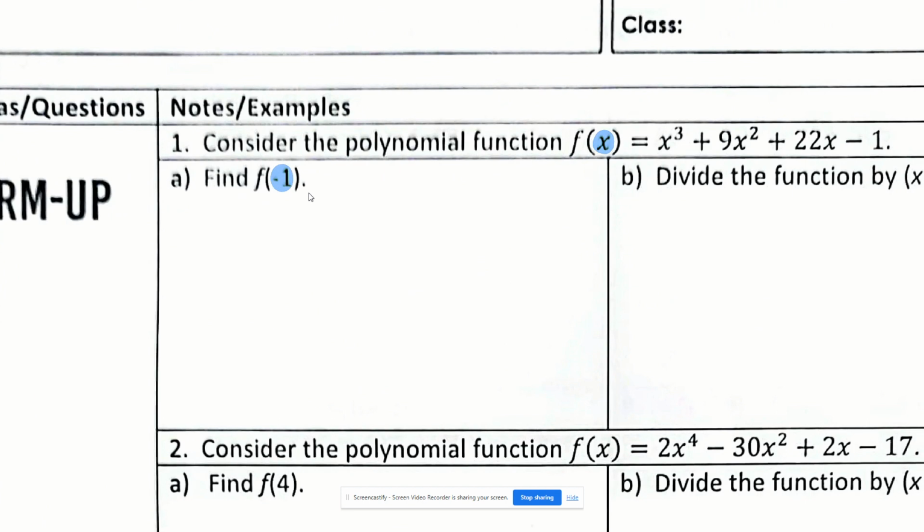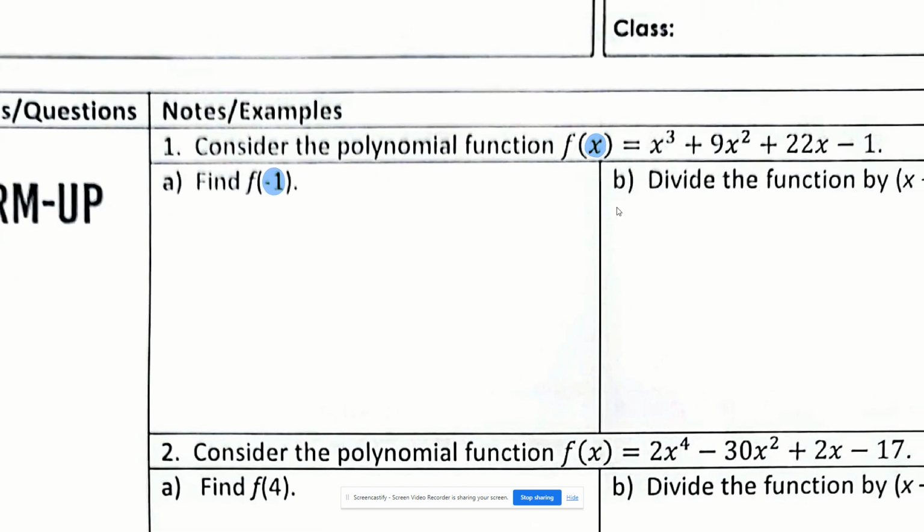Now, the only thing you could ever screw up with that is when you have that negative 1 raised to an even power. I told you that it's imperative in those situations that you put that negative 1 in parentheses. So, in my opinion, every time you enter it for x, just to be cautious, just to make sure you don't make a silly mistake, let's go ahead and type in negative 1 in parentheses.